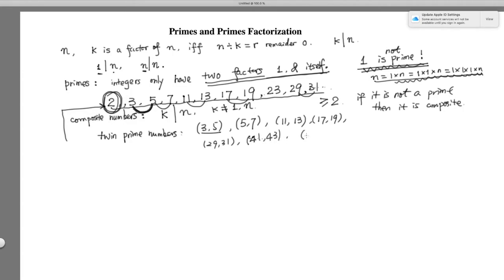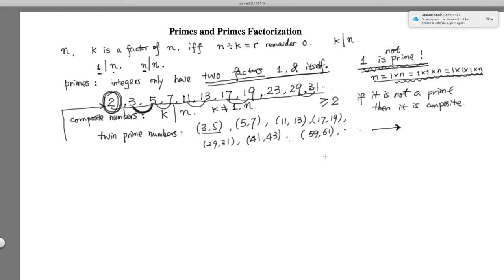And the next ones, 43, 45, no; 45, 47, no; 47, 49, no. They are all not. 51, no. 53, 57, 59, no. 59, 61 is another twin prime pair. It seems that you can verify this up to a very, very large number. Even though it becomes rarer and rarer, this twin prime number always appears.